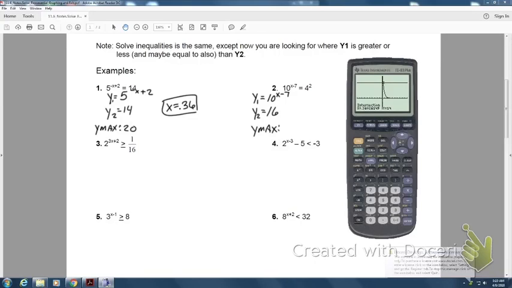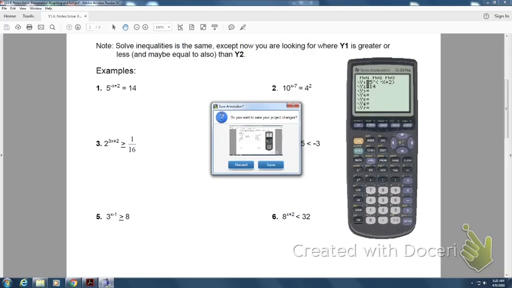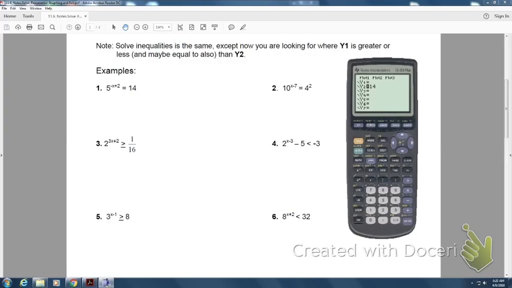Yes, because it's above 16. So we'll put that in Y1, Y2, go to my graph, make sure I can see where they cross.